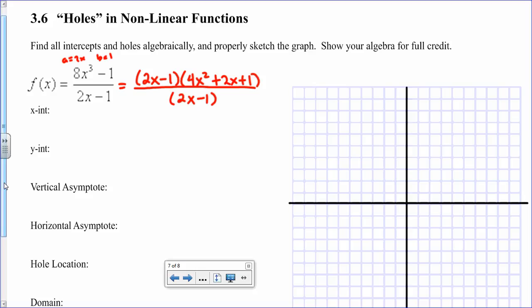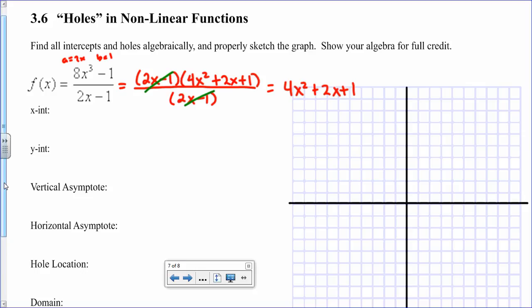Because it cancels, if you did divide those, you would end up with this. So in this case, doing long division would work, or synthetic division with the 1/2. So those cancel. So that means the function that I'm graphing is 4x squared plus 2x plus 1.